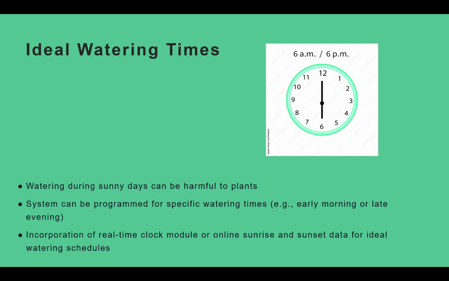To address this problem, my system can be programmed to water plants during specific times of the day, such as 6 a.m. and 6 p.m. Also, by incorporating a real-time clock and the sunset data, we can schedule the watering process during ideal periods to prevent potential harm to the plants.